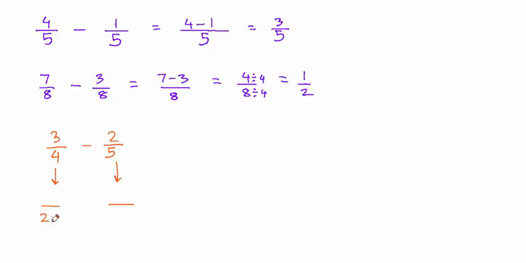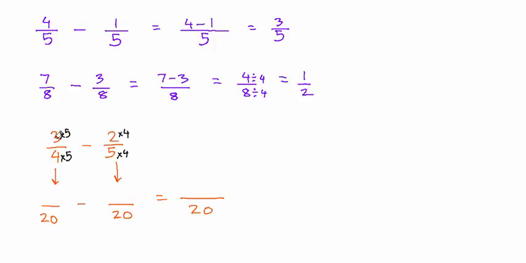Therefore, we have a 20 here and we have a 20 here, so that we could subtract the new numerators, write the difference on the top and a 20 on the bottom. To change 4 to a 20, multiply that with 5 and do the same on the numerator. To change 5 to a 20, multiply that with 4 and do the same on the numerator.